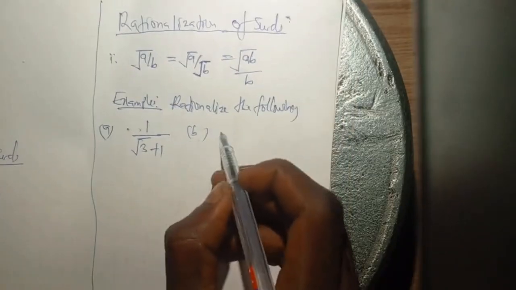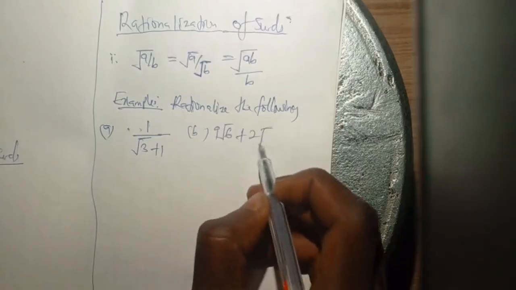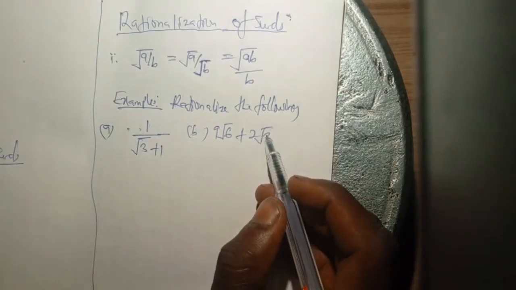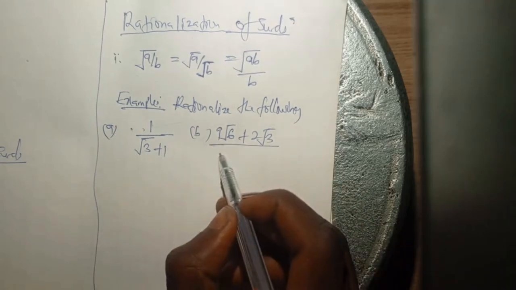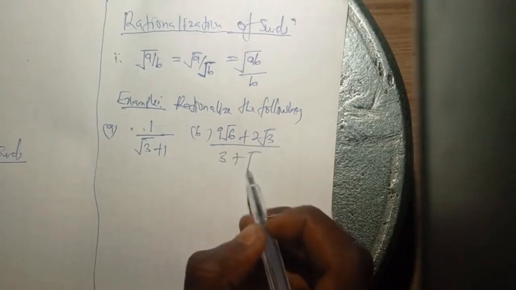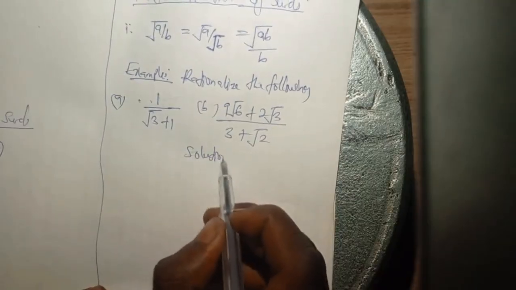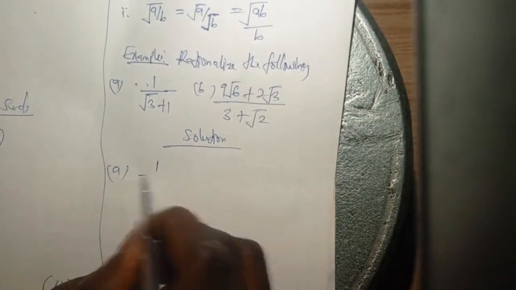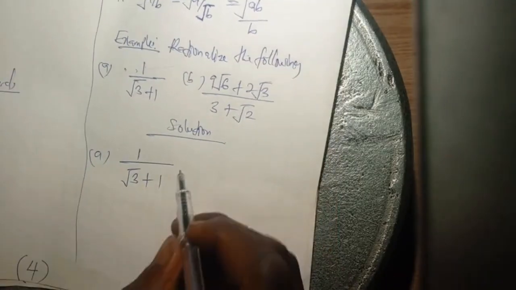B: 9 root 6 plus 2 root 3, all over 3 plus root of 2. Now solution. The first one, 1 over root of 3 plus 1.